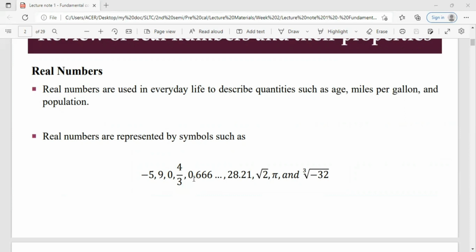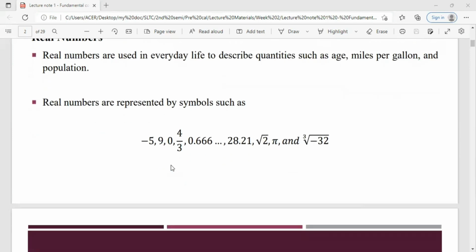And also infinitely many decimal places like 0.666, and it continuously goes on. So here there are 3 dots, that means it continuously goes on, right? And limited decimal places like 28.21, and square root 2, 5, and this one. Okay.